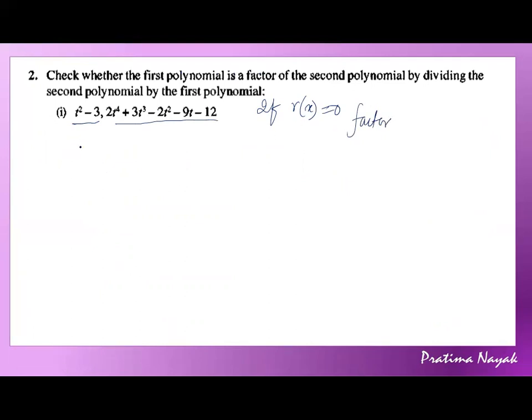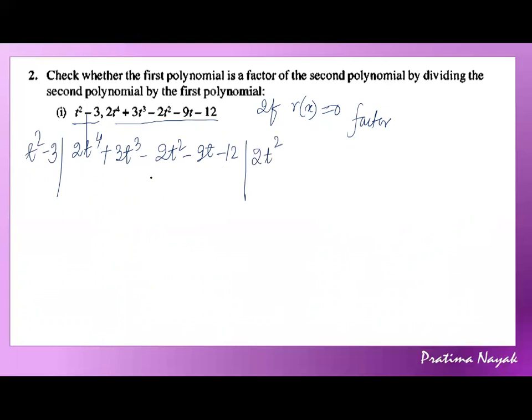So first I am writing the dividend: 2t to the power 4 plus 3t cube minus 2t square minus 9t minus 12, divided by t square minus 3.